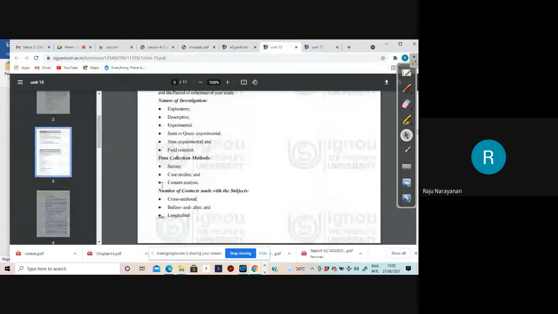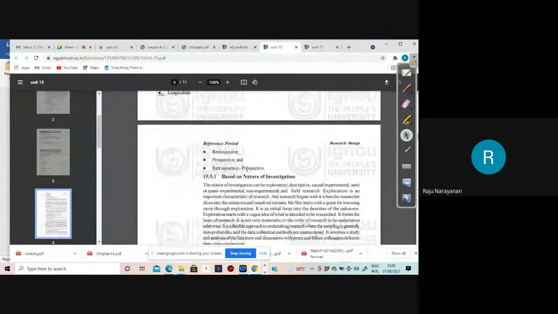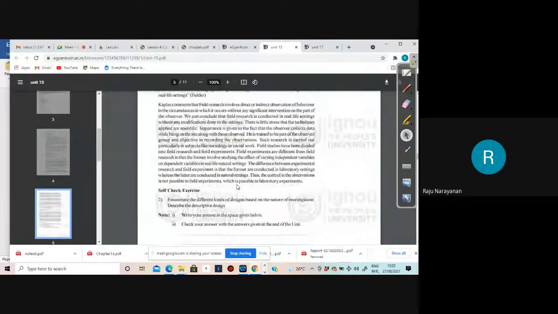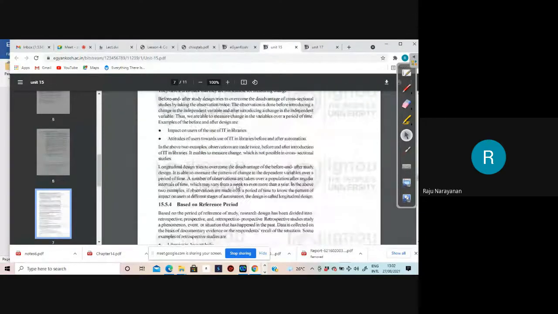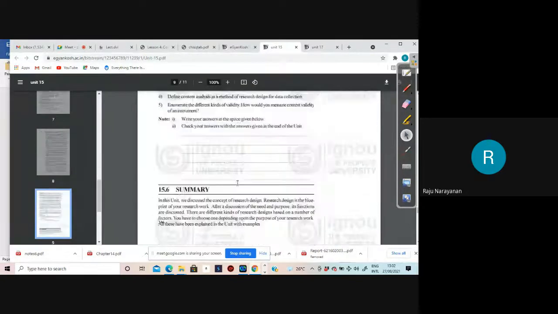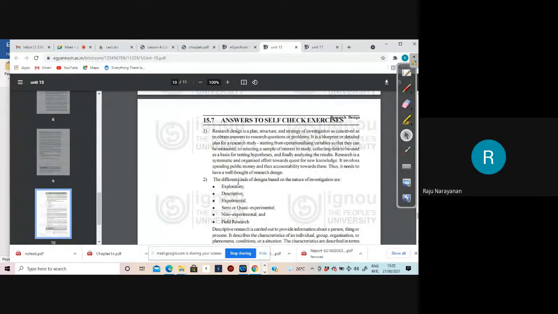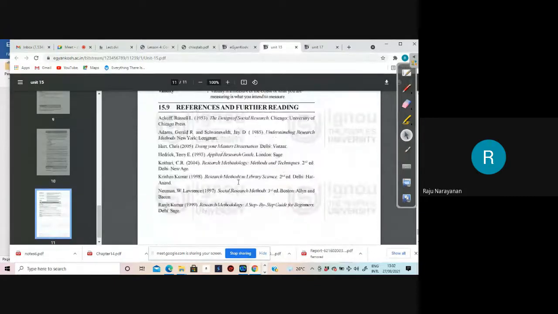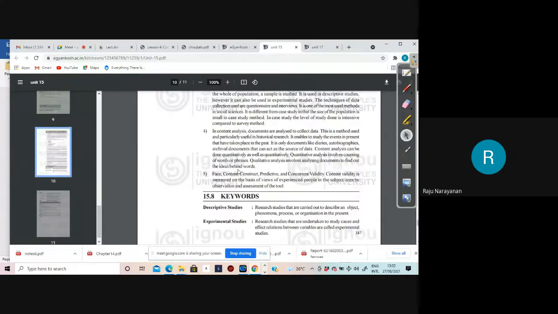What are case studies, cross-sectional studies, longitudinal studies? All those things are discussed. These are written by university professors, therefore the contents will be good as well as error-free, and they are giving some references also. Research methodology, a step-by-step guide for beginners, etc.